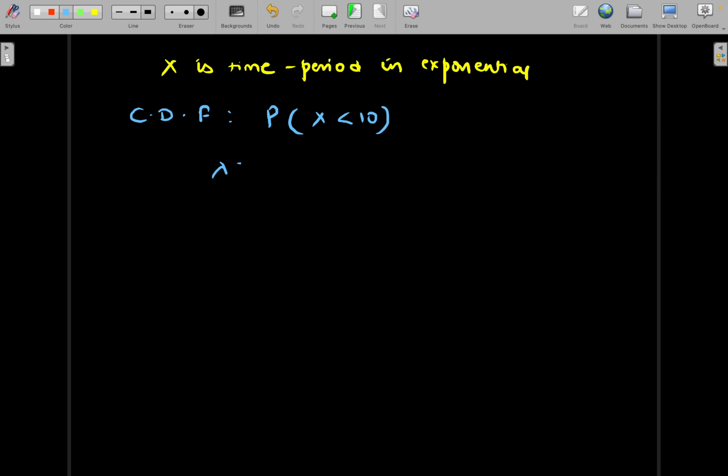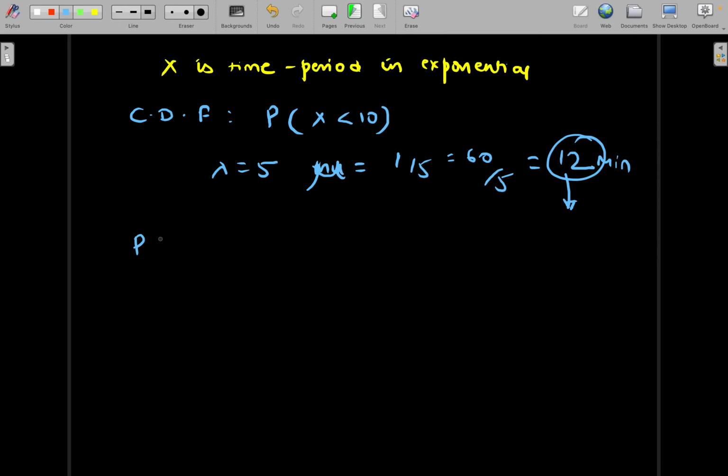So we have given lambda is equal to 5. We find the mu, nothing but 1 by 5, which was 60 by 5 converted into minutes. This was the 12 minutes, the average time per event. So given the average time per event, what is the probability of that event happening in less than 10 minutes?